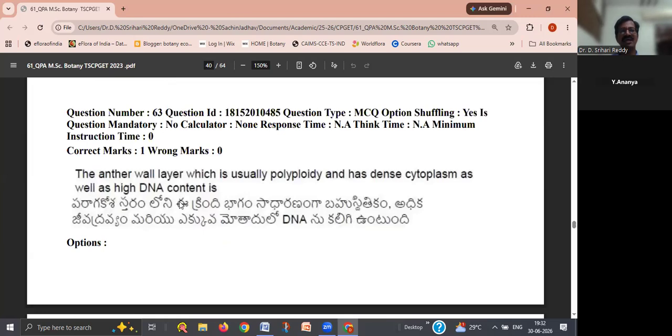Next, the anther wall layer, which is usually polyploid and has dense cytoplasm as well as high DNA content, is.